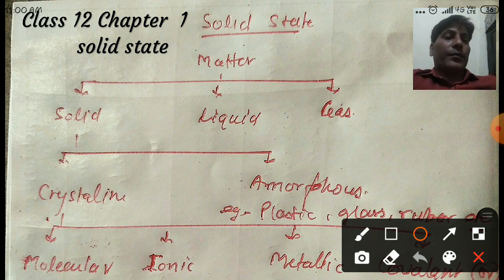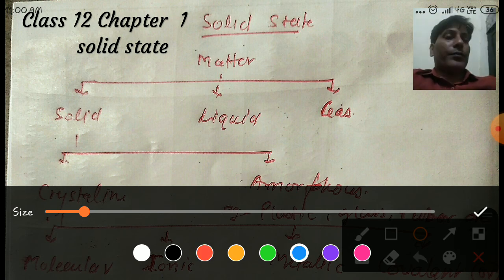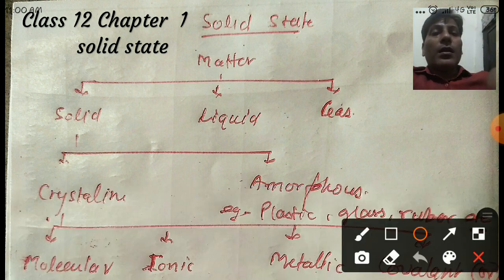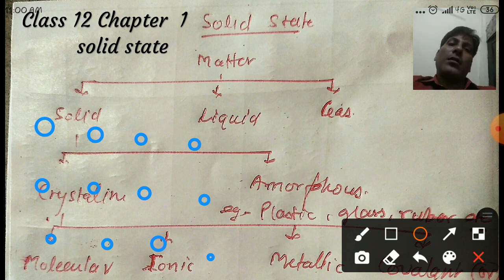If a solid has a regular arrangement of its components for a long range, that is called a crystalline solid. And it has a sharp melting point.